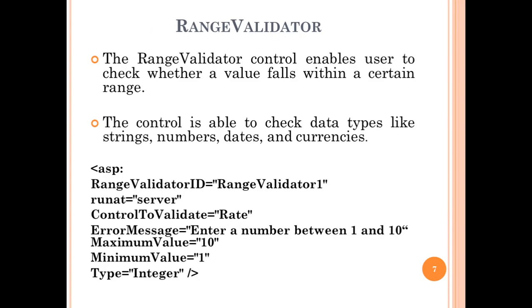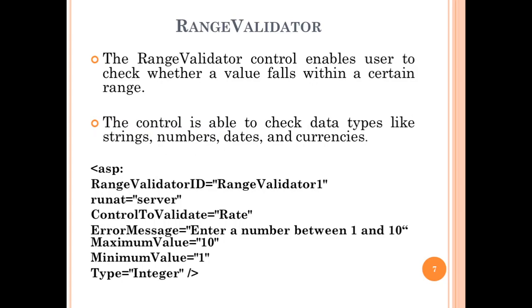The next one is the range validator, which is used to check whether the control falls within a certain range. Different types of range validators can check strings, numbers, dates and currencies.